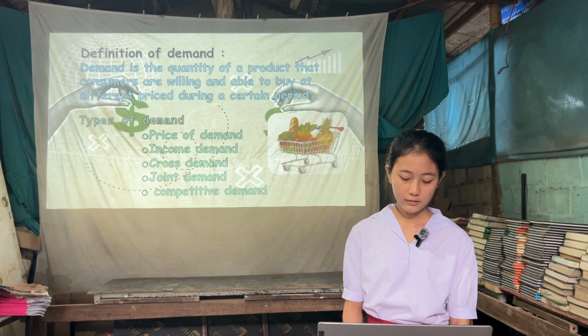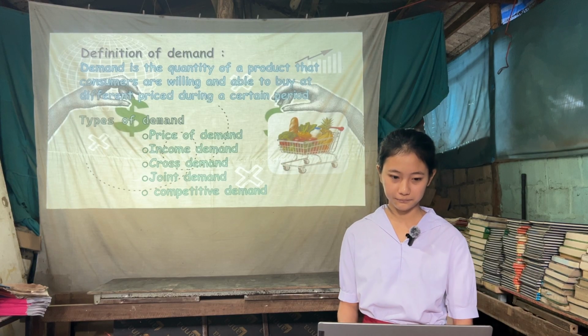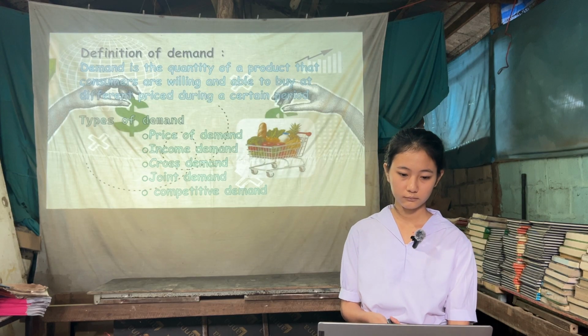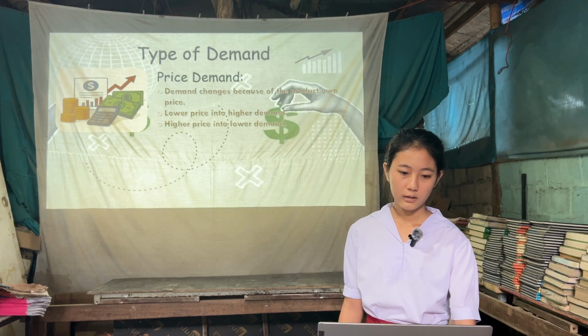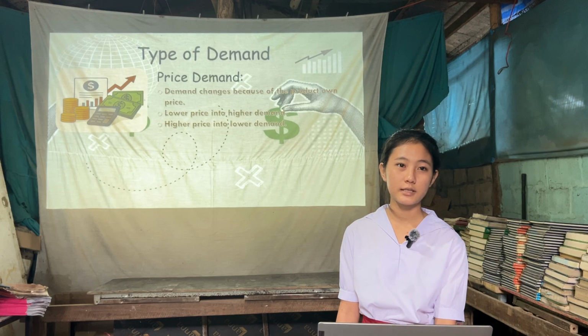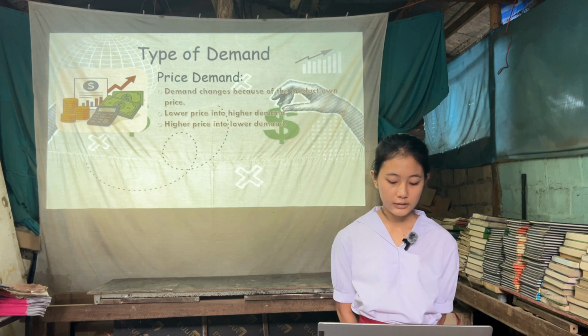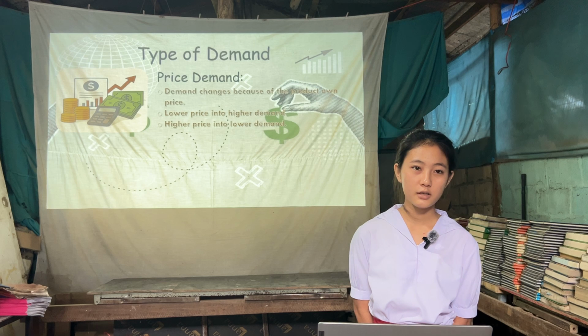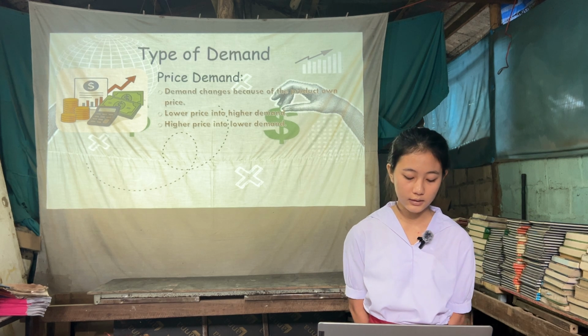And the first type is price demand. Price demand means the quantity of demand changes because of the price of the product.